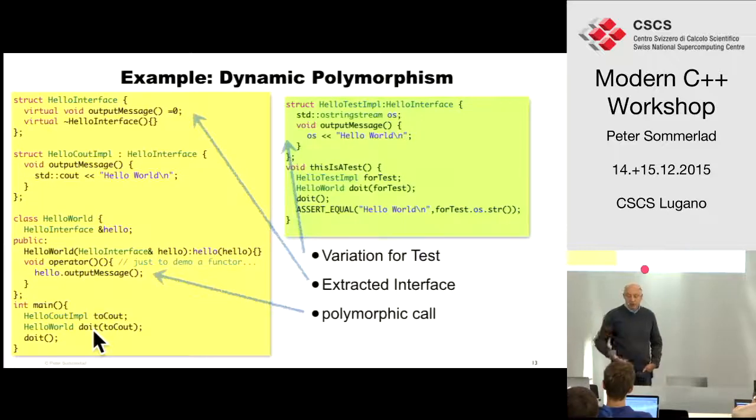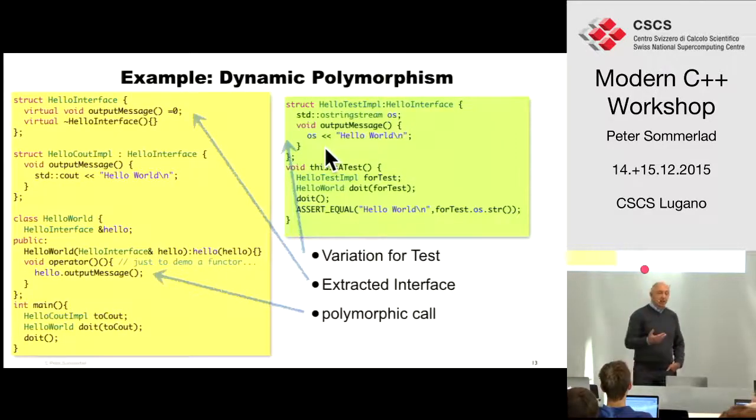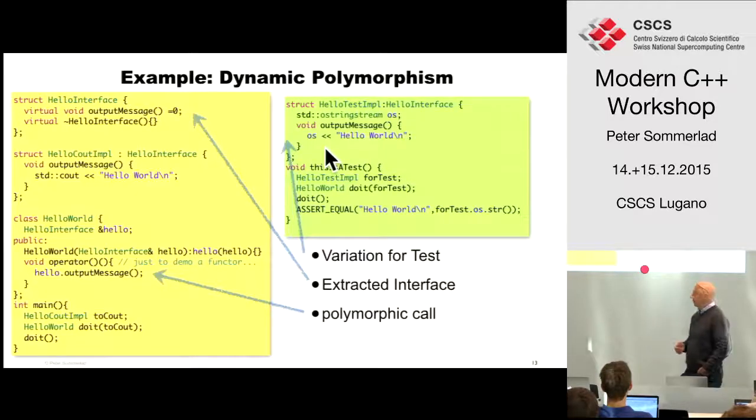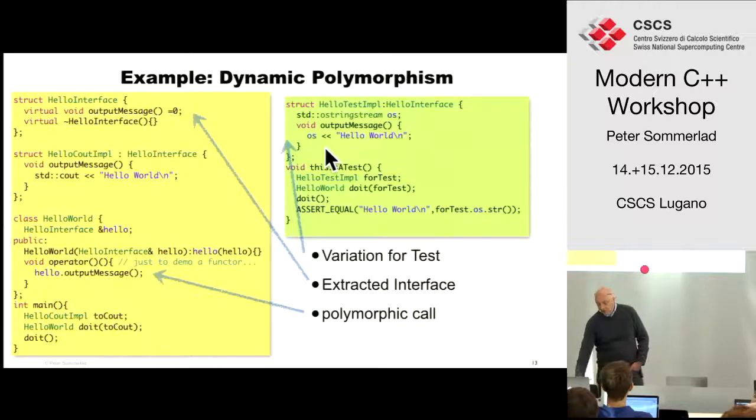Now, if we want to test things, we learned, okay, we cannot test code that uses cout. But we might want to test our hello world class itself if that is actually working something useful. So what we can do in a test case, we can create a hello test impl class that inherits from the hello interface, implement its virtual member functions. Now, in a different means, it uses its own string stream object to keep the message that was output around.